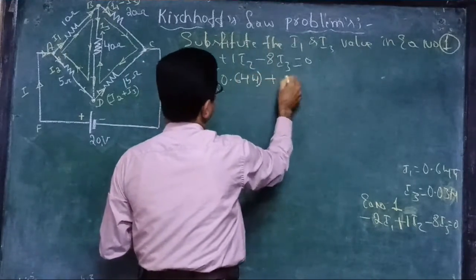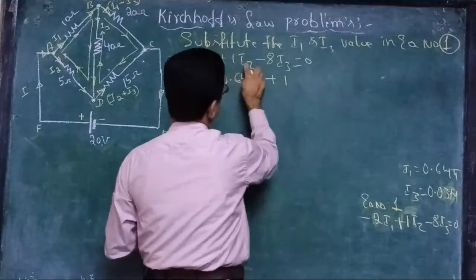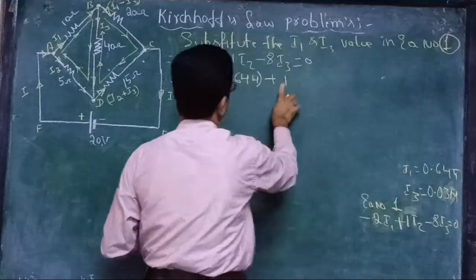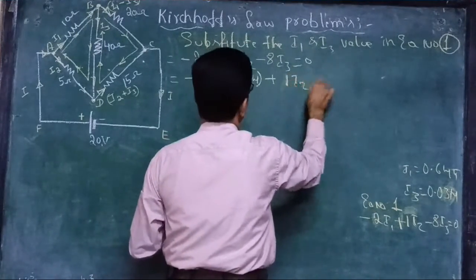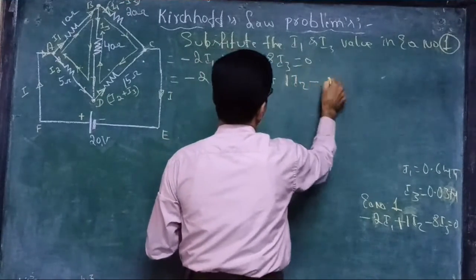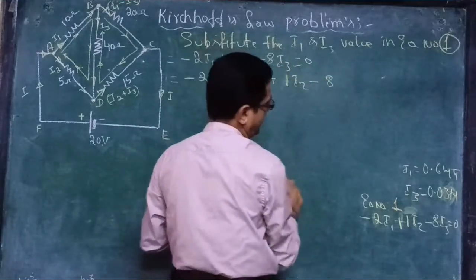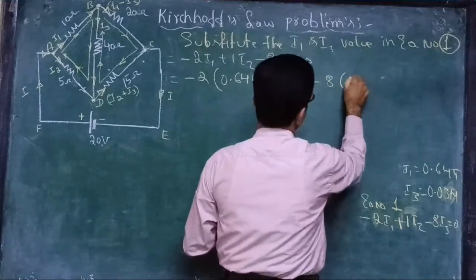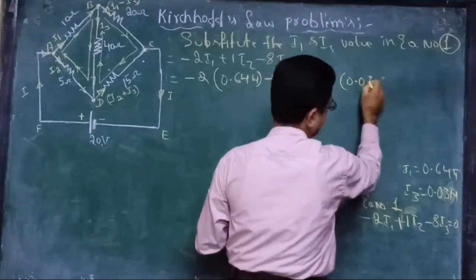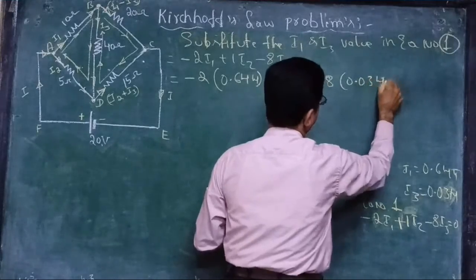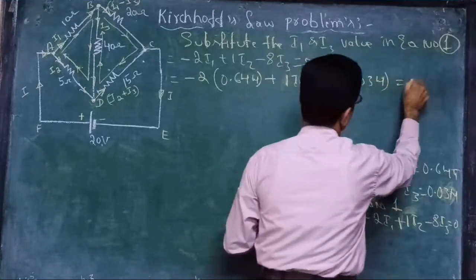Next plus 1 I2, then minus 8, I3 value 0.034, is equal to 0.